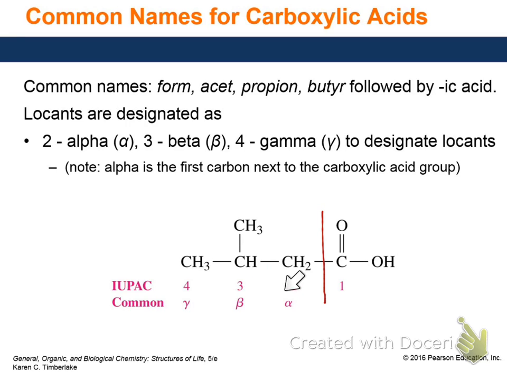So one way to name something like this as a common name would be to call it butyric acid, okay? If I was going to go all out on the common name, you would write butyric acid, and then this methyl group is in the beta position, so it would be beta methyl butyric acid. So you would literally write a beta methyl.